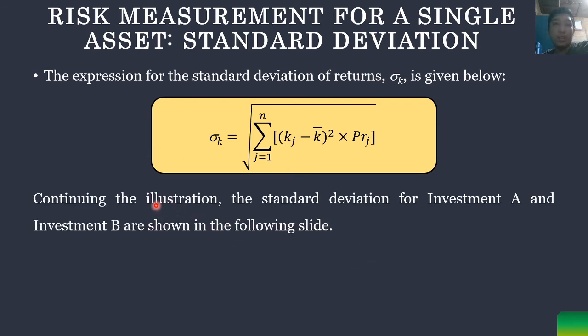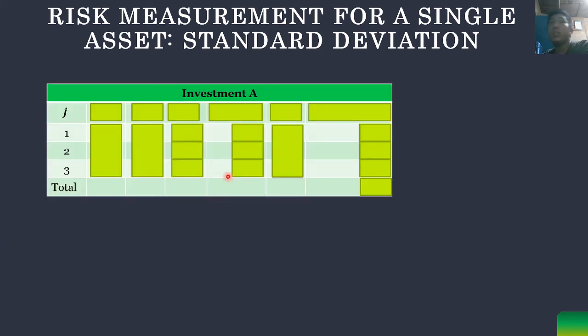Okay, so continuing the illustration, standard deviation for investment A and investment B. So how do we compute for that? Okay, for investment A, so we have three outcomes. A, J, 1, 2, and 3. And then meron na rin tayo ng PJ or yung return for these outcomes given na yan. Okay, and then we have already computed for the K-bar.